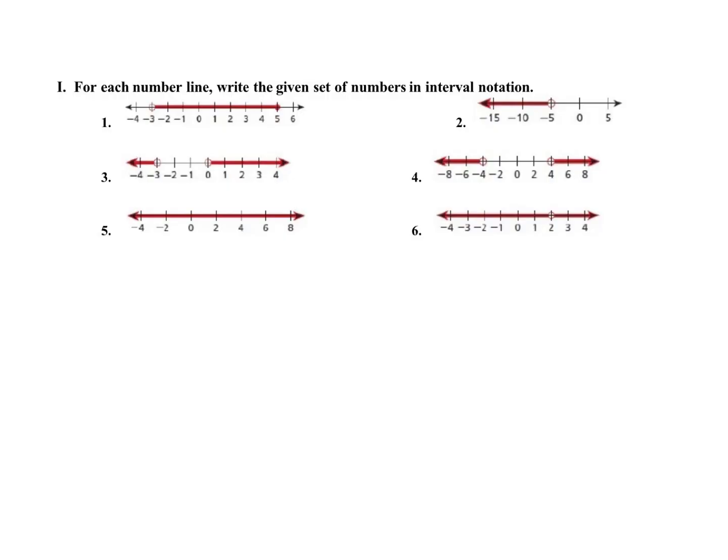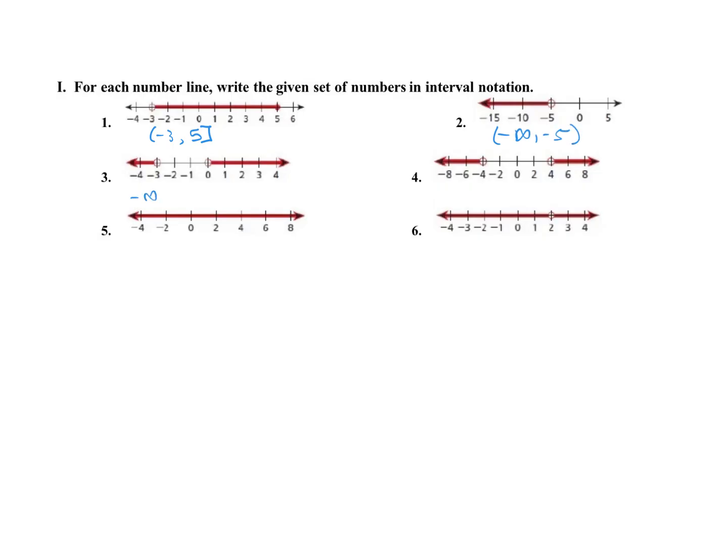The final thing, just a few more practice ones, looking at just a number line and writing interval notation. So this would be -3 to 5, parenthesis for the open circle at -3, bracket for the closed circle at 5. This would be -infinity to -5.